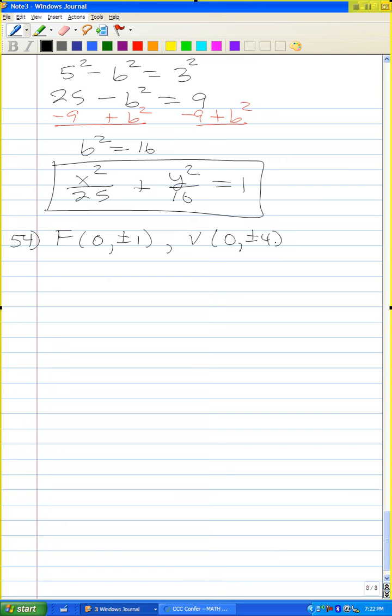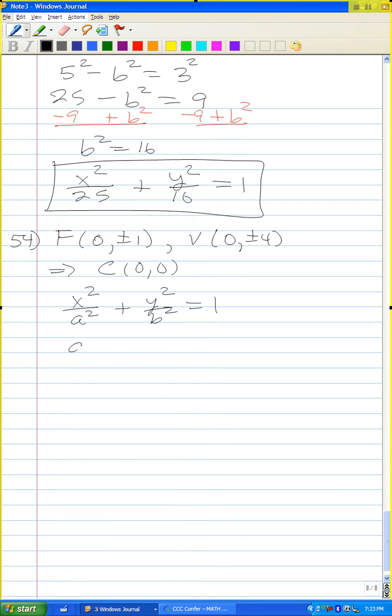So therefore, the center is at the origin because it's at the midpoint between these foci. And so the equation is x squared over a squared plus y squared over b squared is 1.